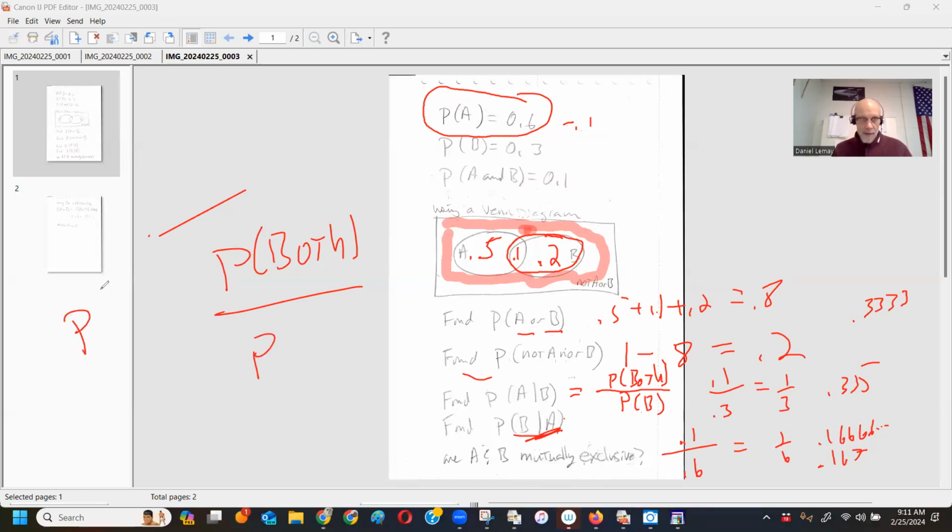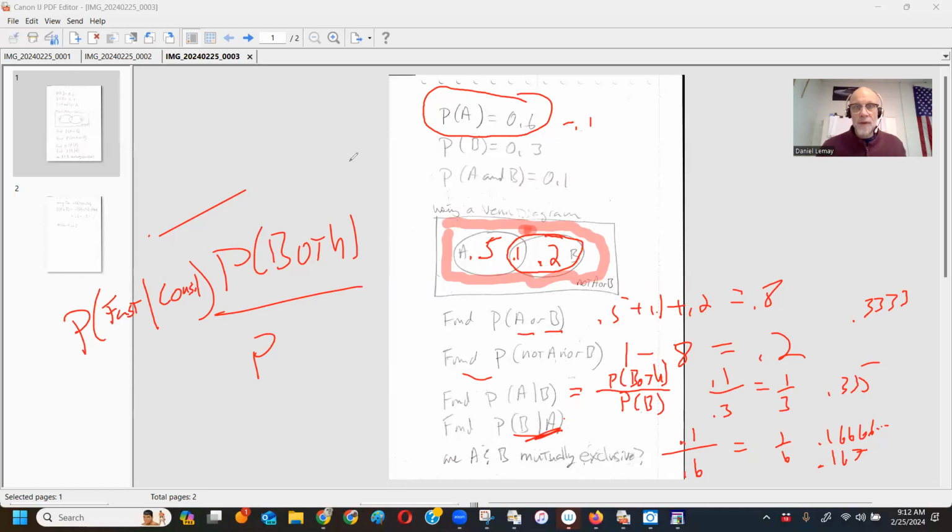For example, the probability of fast internet given that the customer is consolidated: we would do the probability that they have fast internet and the customer is consolidated, divided by the probability the customer is consolidated. So I hope this helps as far as the Venn diagrams.